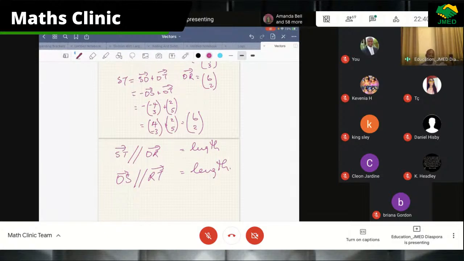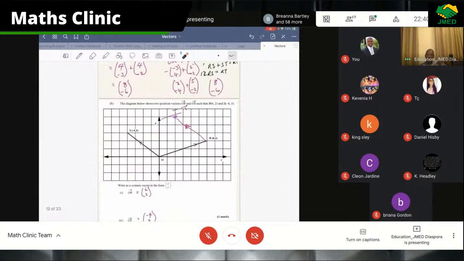That's what's happening here with this pair of parallel lines. This one is parallel to this, and it's equal in length. And this one is parallel to that, and it's equal in length. That's what the diagram would show. The magnitude is the same. And here as well, we can find the magnitude.